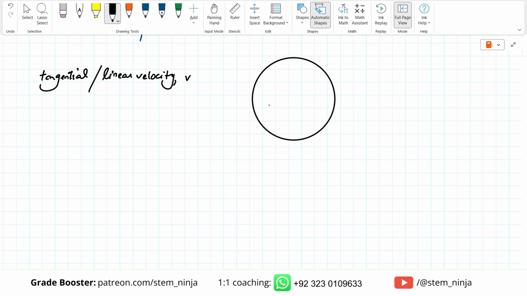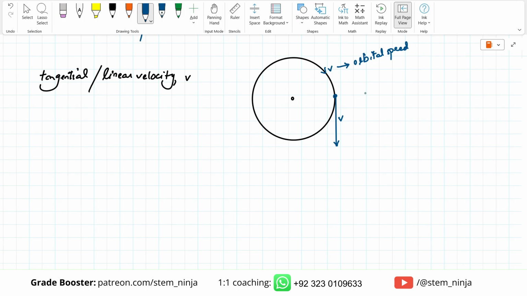If we draw the circle, this is the center, this will be the orbital speed, just to differentiate between linear speed and linear velocity. This is the orbital speed, the rate of change of distance covered. However, the velocity part involves the direction. So it will have the same magnitude as the speed, but it will have a directional component also.